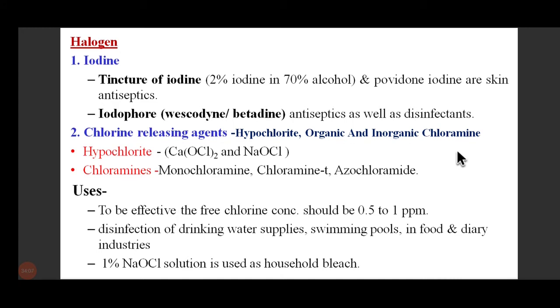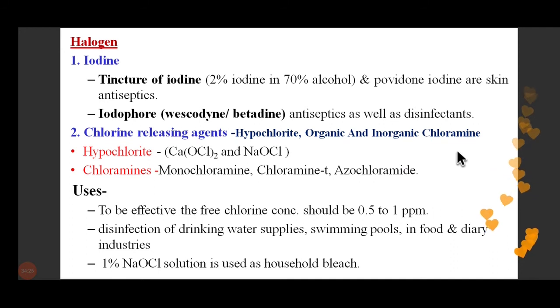Then chlorine releasing agents, which release chlorine in various forms, like hypochlorite, chloramines, CaOCl2, and NaOCl. They are effective at a free chlorine concentration of 0.5 to 1 ppm.